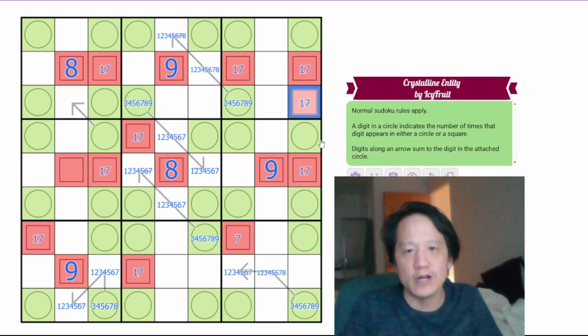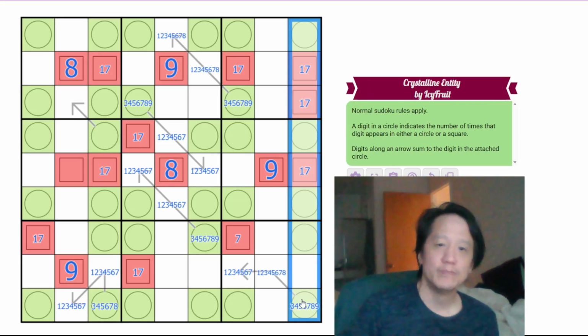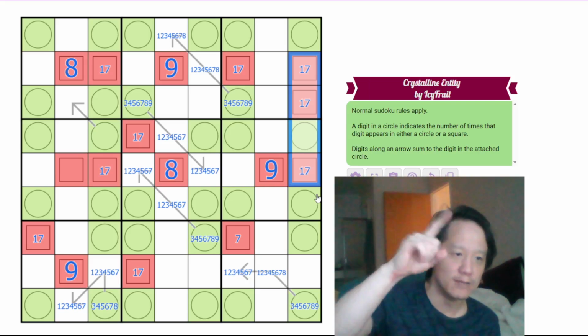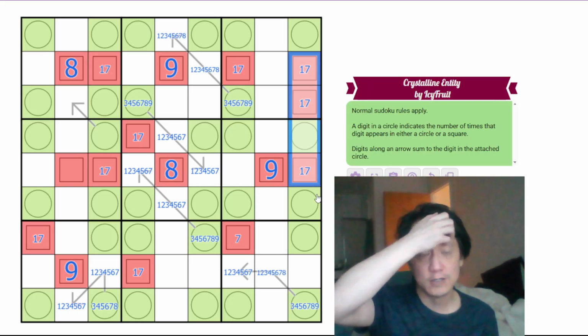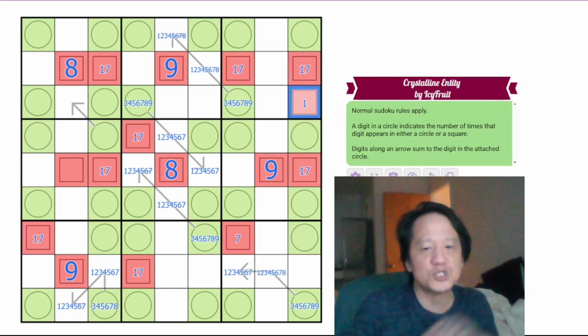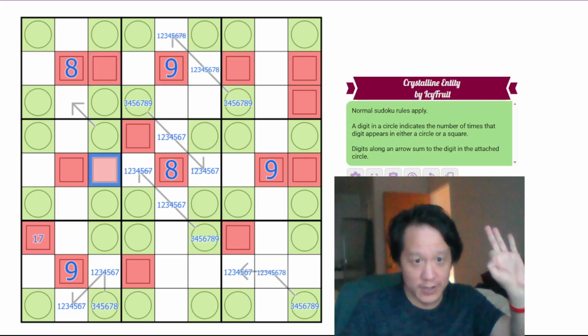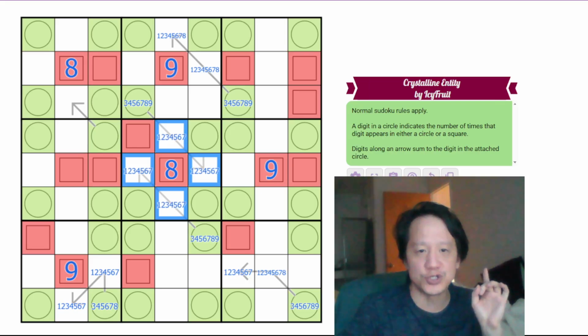And therefore, in column 9, that would not work, because you have 3 digits all requiring to be 1 and 7, which is 2 digits there. So that's not possible. So 1, 7 does not work. So we know 7 has to be in a circle also.